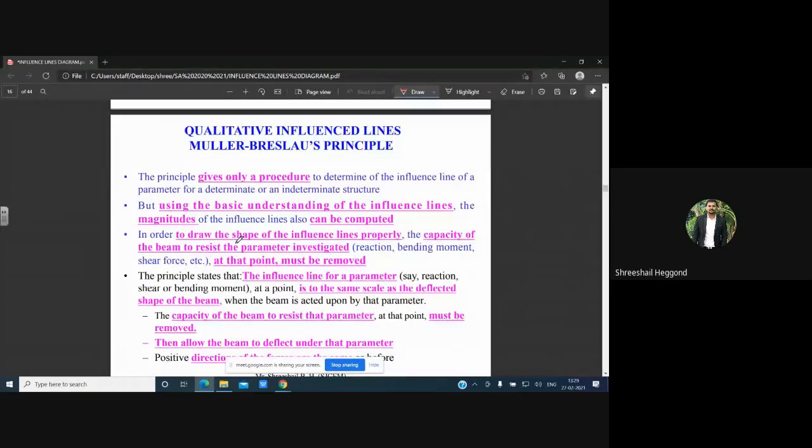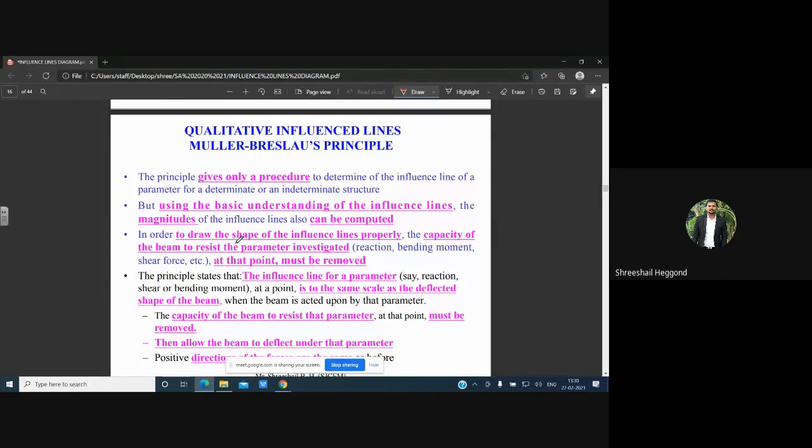The principles give only a procedure to determine the influence line for the parameters of determinate or indeterminate structures. He has given the procedure for identifying the influence line diagram for determinate as well as indeterminate structures. It gives only the procedure.